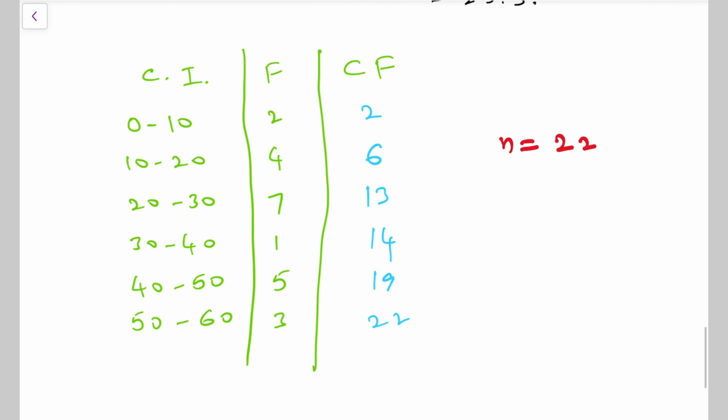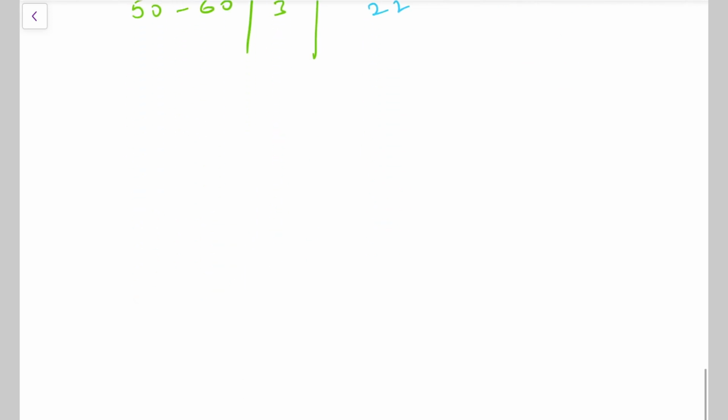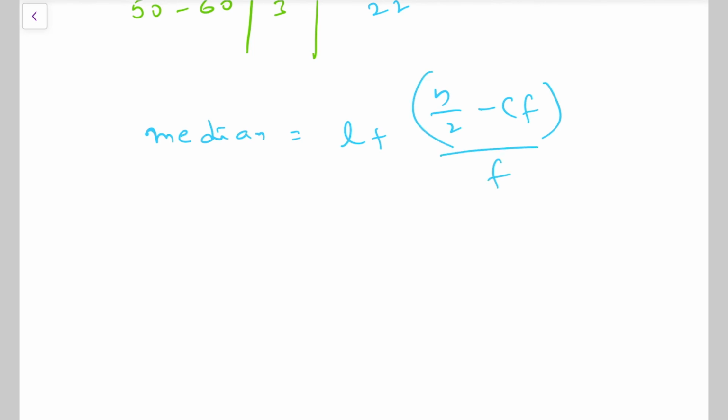In that formula, if any unknown terms are there, let us find out what exactly that is. So the formula for median is L plus n by 2 minus Cf by f into h.